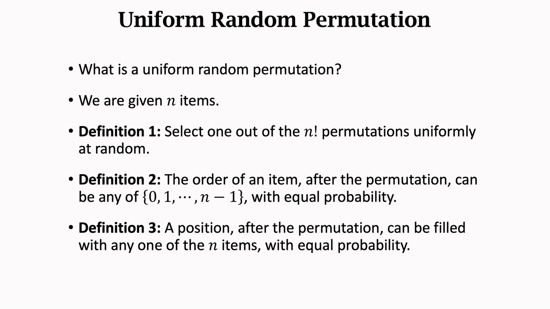An equivalent definition is that a position after the permutation can be filled with any of the n items with equal probability. For example, after the permutation, the second position can be filled with A, B, or C with equal probability.